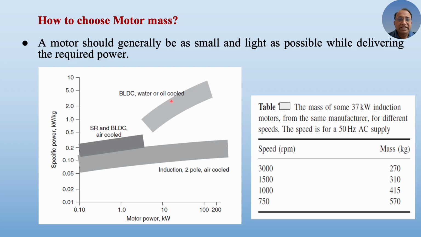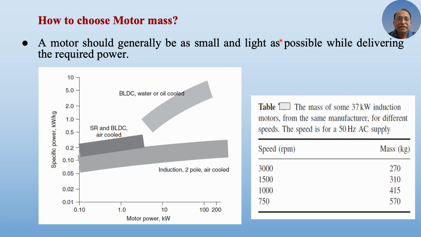So this BLDC motor, which is providing higher specific power per kilowatt, is the most preferred motor with water or oil cooling, because it improves the performance of the motor, and we can use a smaller size, smaller weight motor for the EV, and get the extended range for the same power rating.